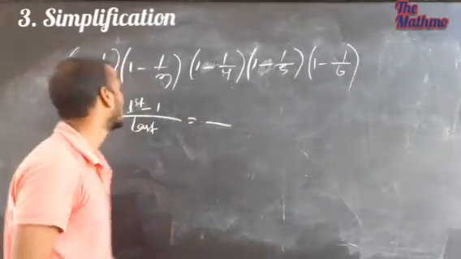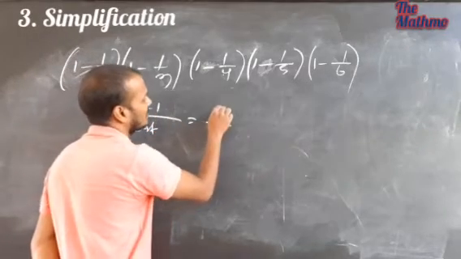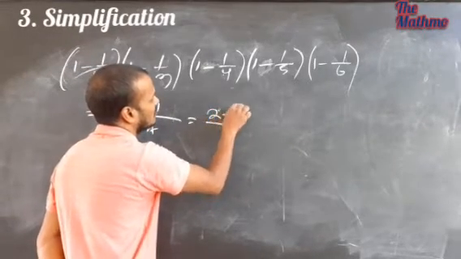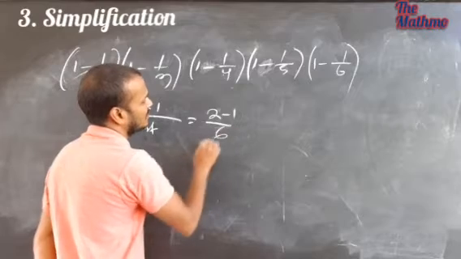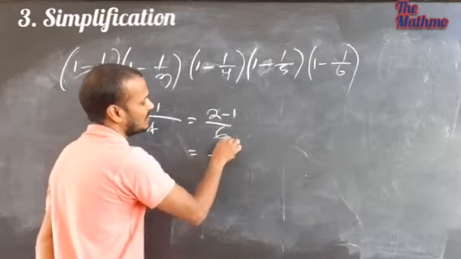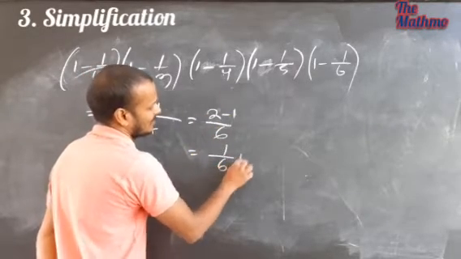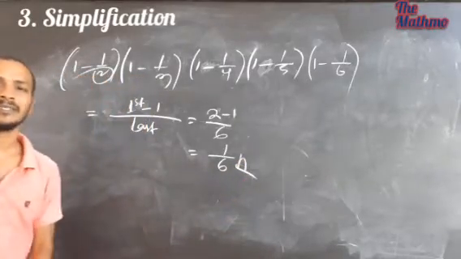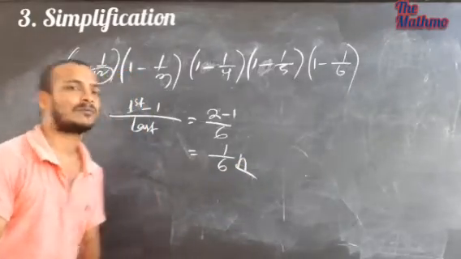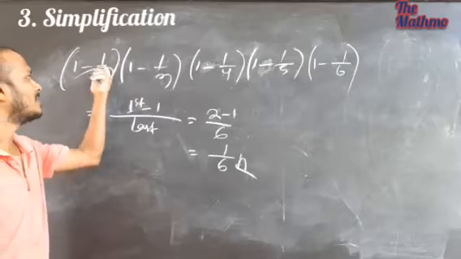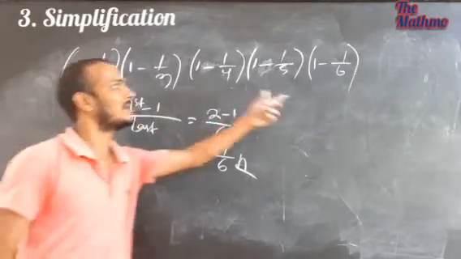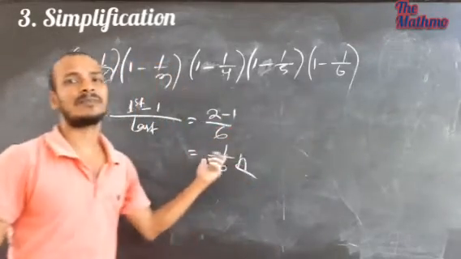The first denominator is 2, and 2 minus 1, and the last one is 6. So 2 minus 1 is 1, and your answer will be 1 by 6. So it's very easy. First you write the first one, subtract 1 from it, and divide by the last one.